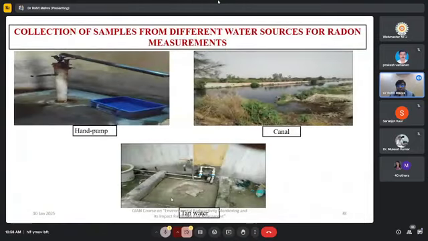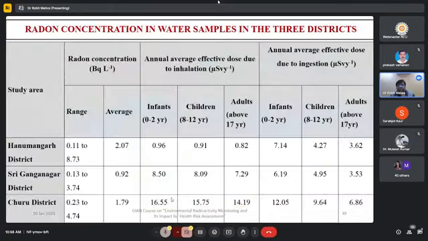Now, again, for water sources, you could use hand pumps, taps, or canals. You should have an idea of what type of geology is there while you collect your samples. We generally don't prefer tap water, because tap water is basically municipal corporation water and the source differs at particular times. Hand pumps or canals are the best sources when you collect water samples.